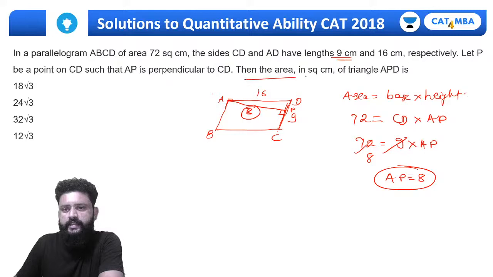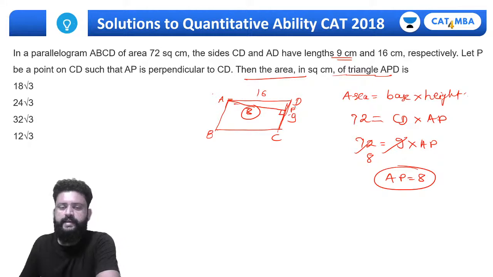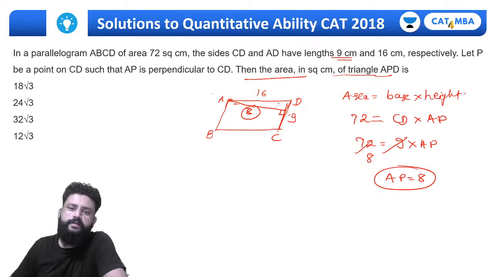Now we need the area of triangle APD. So what we'll do, we'll calculate PD first. This is perpendicular, so let's calculate this side.